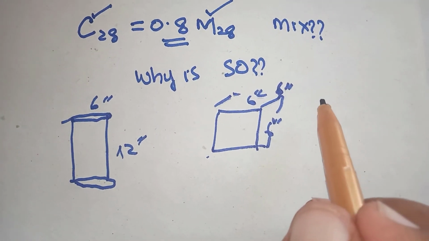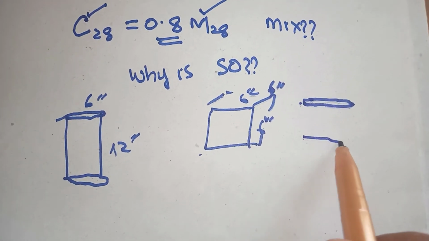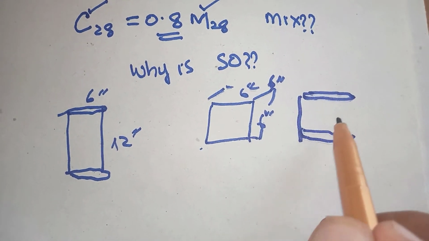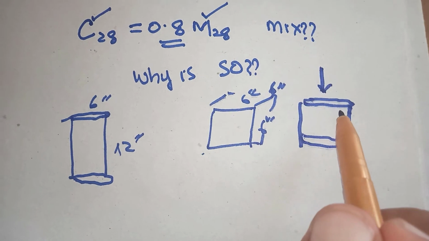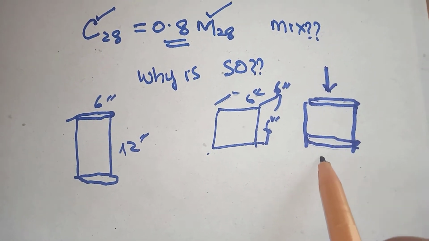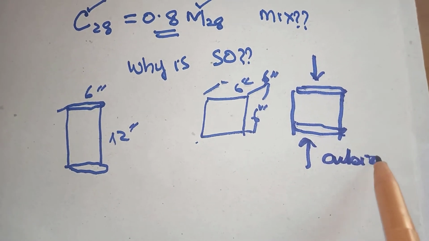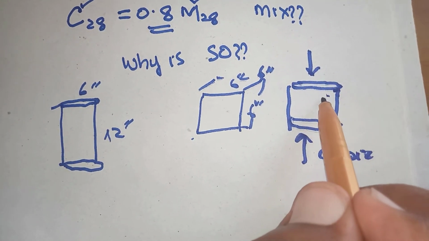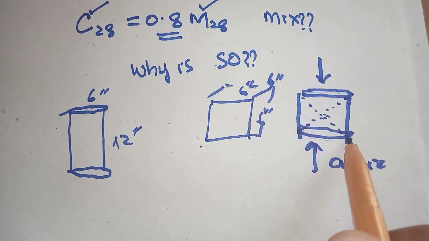So when it is placed in a simple machine to test the sample and force is applied, this force on the cubic sample acts as biaxial as a whole.